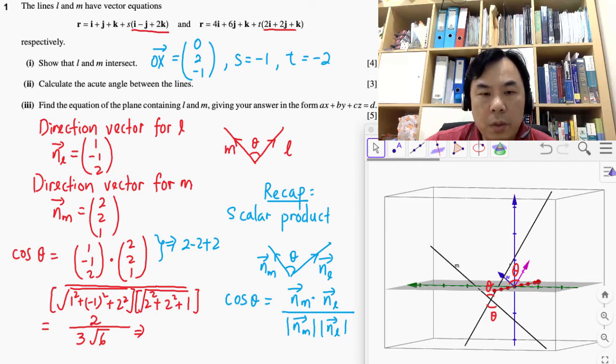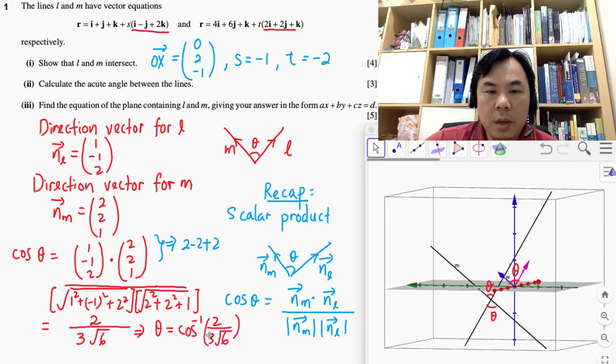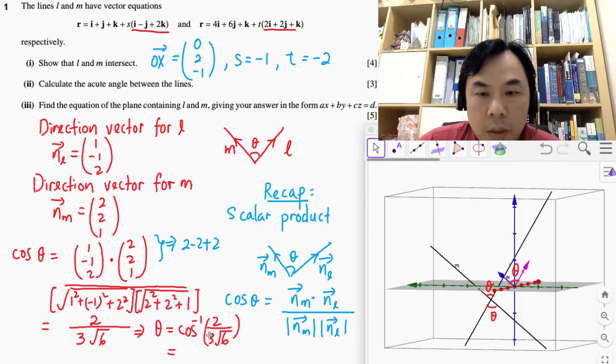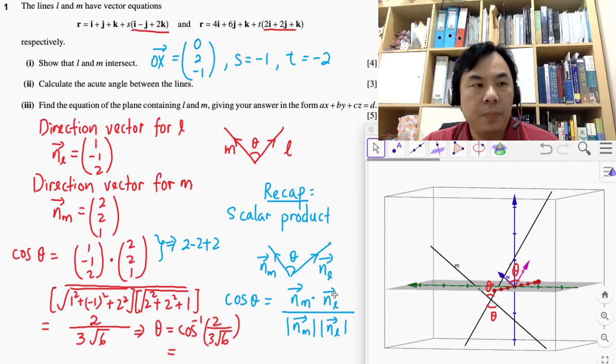Therefore, I'm going to obtain the angle by taking its inverse cosine of 2/3√6. Now let me get the calculations going here.